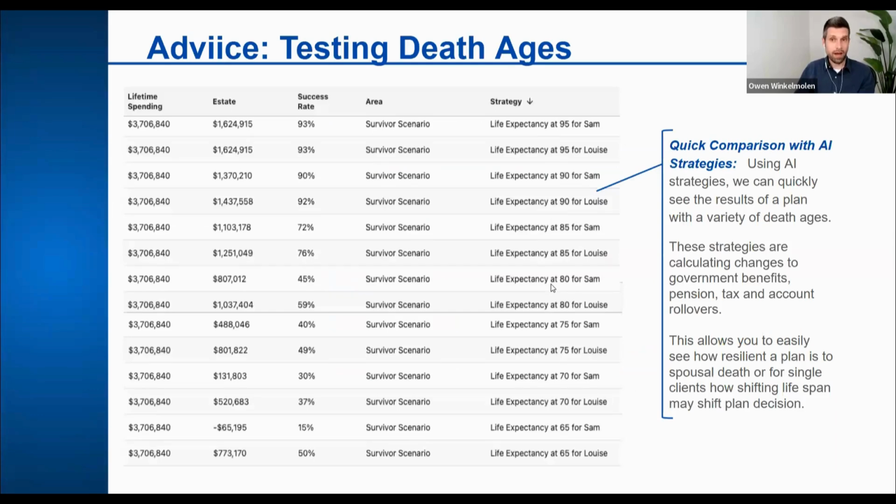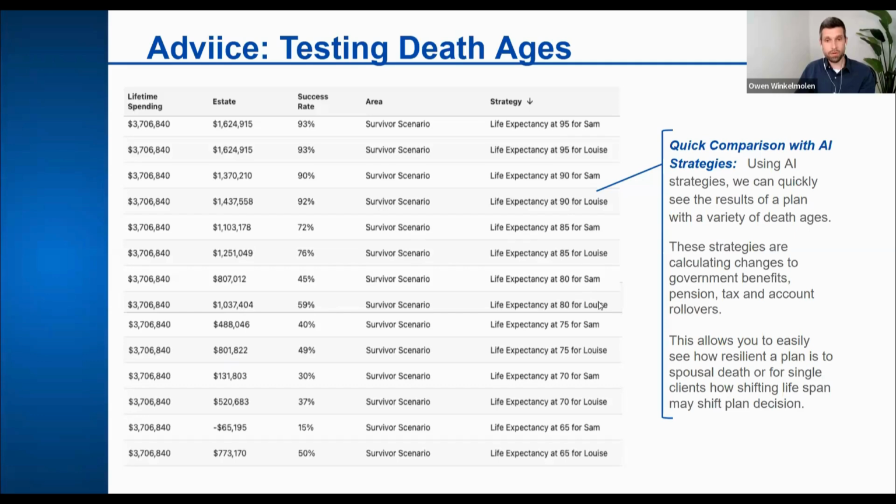And the AI strategies are very beneficial when testing, or at least quickly evaluating, the impact of a shorter life expectancy. So here we can see Sam and Louise, if they have a long and healthy retirement until age 95, 93% success rate, great. And we can see here, though, if one of them were to pass away earlier within the plan, that success rate quickly drops, and it's not the same drop.